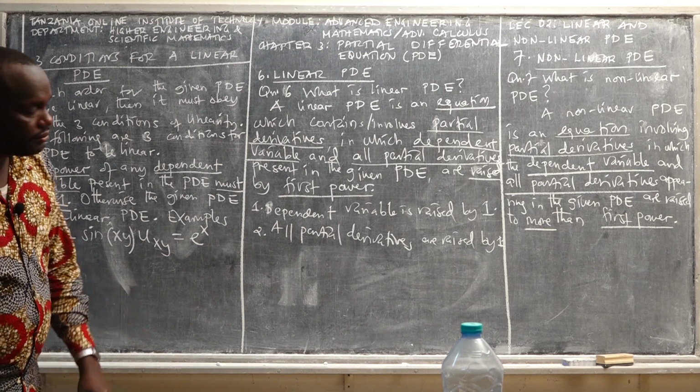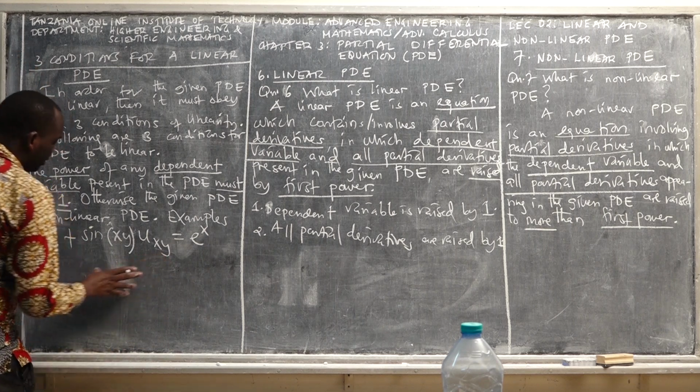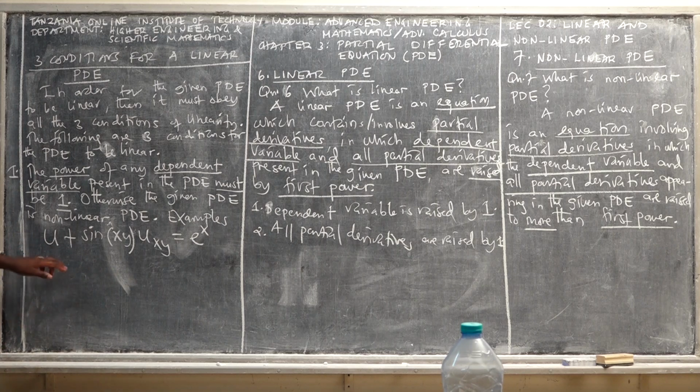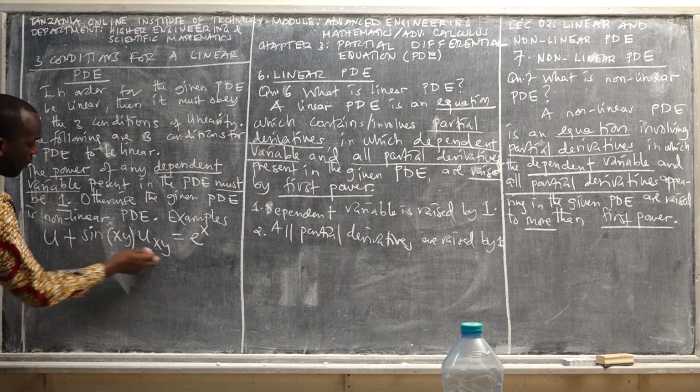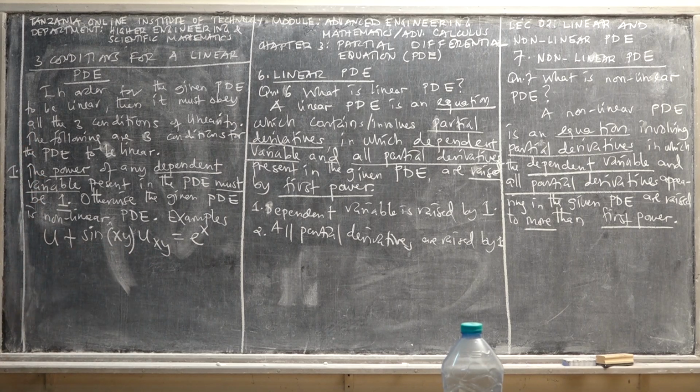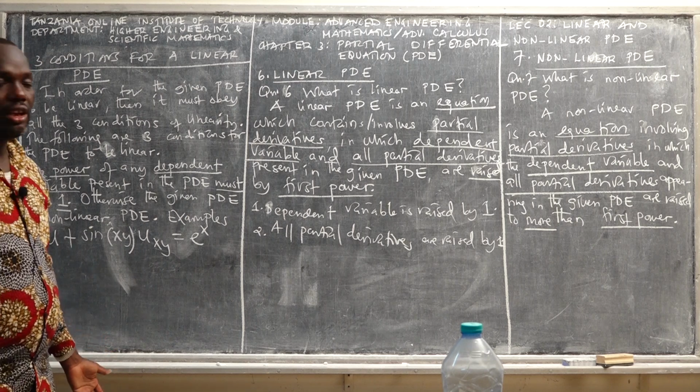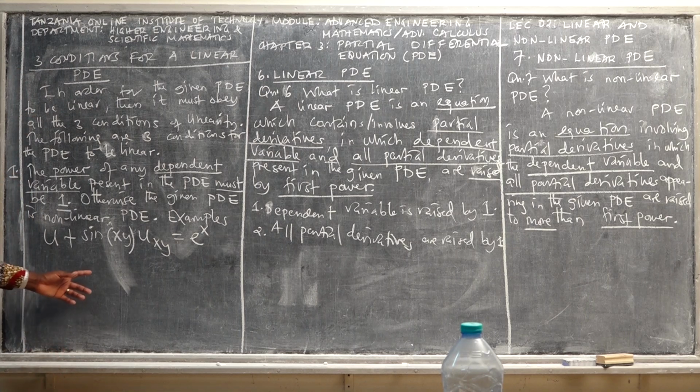Stop writing. Is it linear or non-linear based on this condition? First of all, how many dependent variables do we have there? One. In the given differential equation, we have only one dependent variable, which is u.